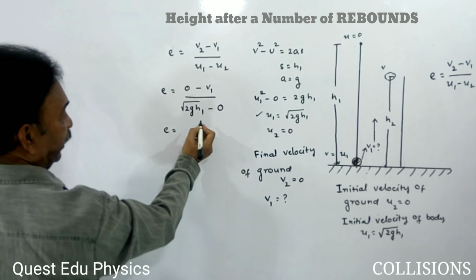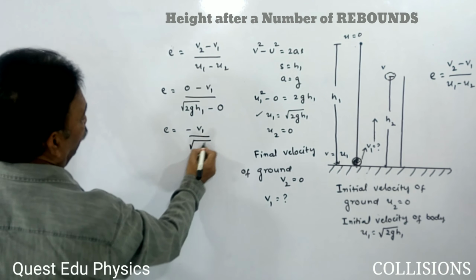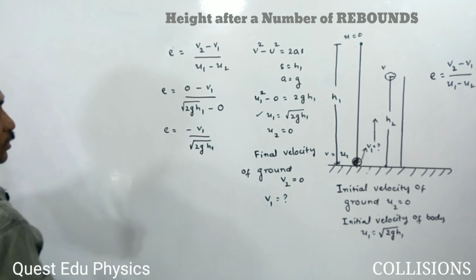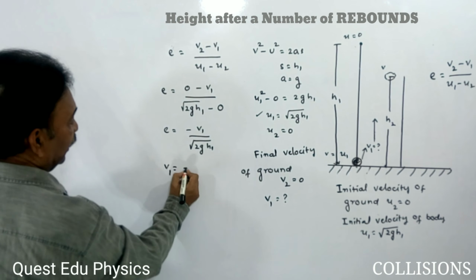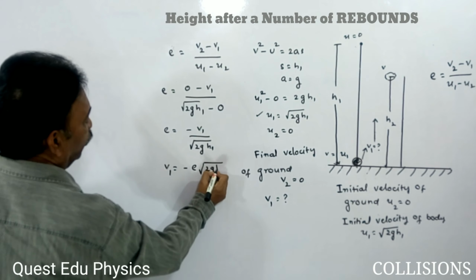Then we get e is equal to minus v1 by root of 2g h1, or we can get v1 is equal to minus e root of 2g h1.